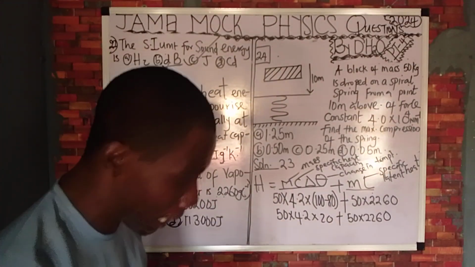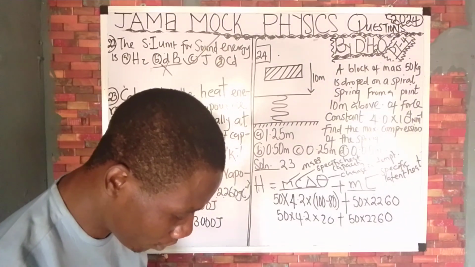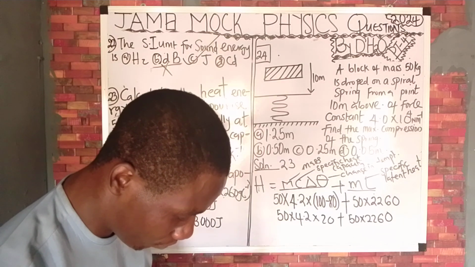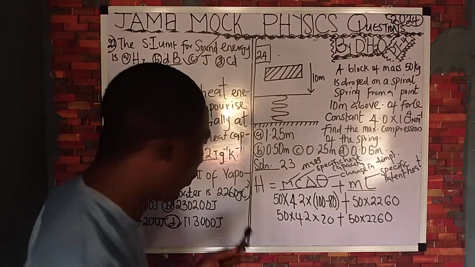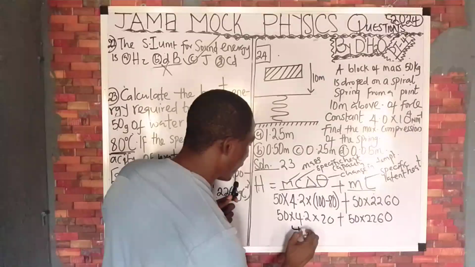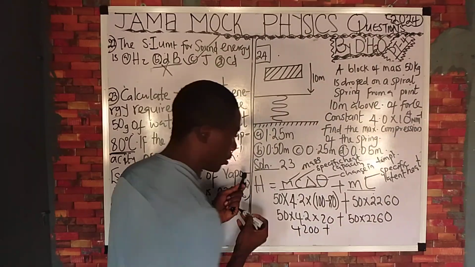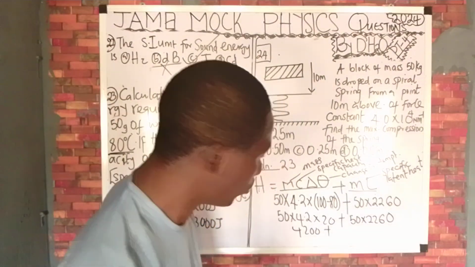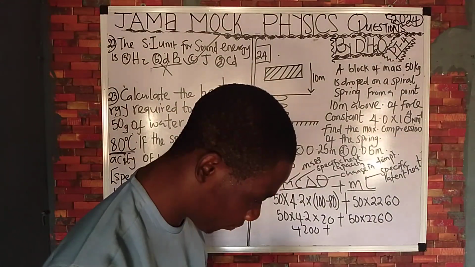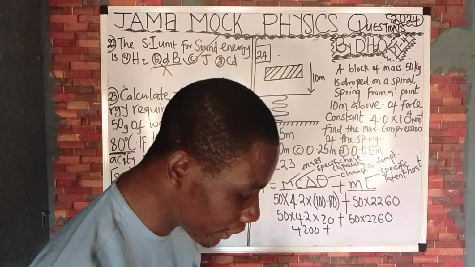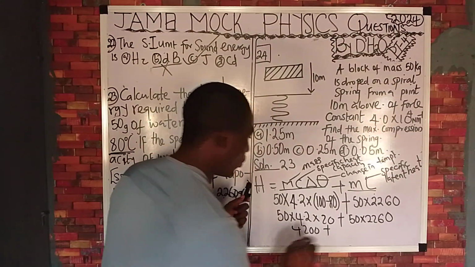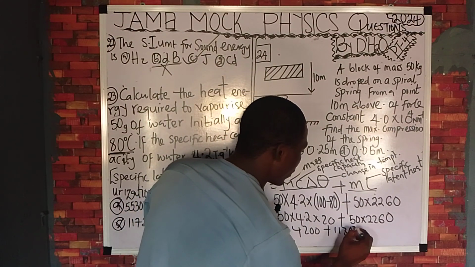50 times 4.2 times 20 is 4,200. What we have here is 4,200 plus 50 times 2260, which is 113,000.